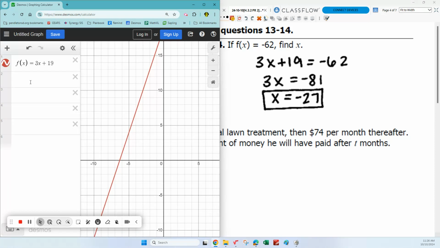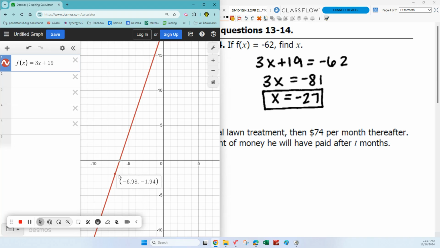Now, I can't just input negative 62. How am I going to find negative 62? I'm going to use the graph of the function for this. It's a little trickier, isn't it? Because I'm trying to find where on that function the output, which is the y coordinate, is equal to negative 62. So one strategy might be to just drag a point along the function until the y coordinate is negative 62. Do you like that one? I don't.